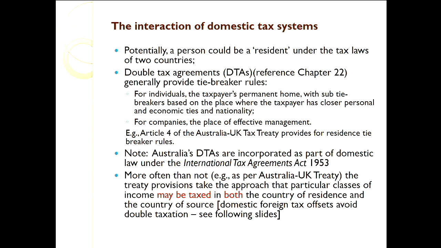And in terms of determining country of residence for the purposes of tax treaties, they do provide for a definition of residence. It's where your permanent home is, and if you have a permanent home in two countries, it provides for tiebreakers. Then it goes to, well, what's the country where you've got closer personal or economic ties?